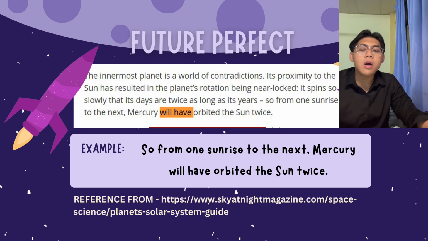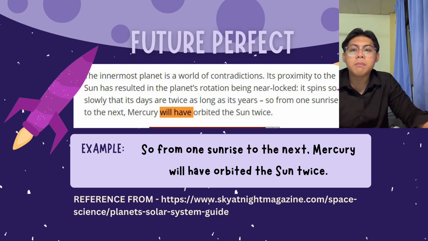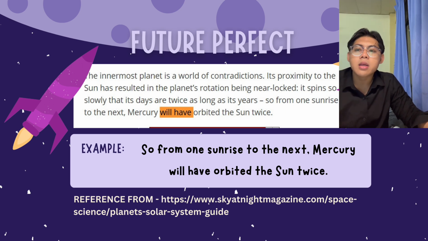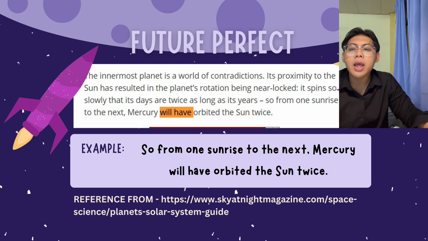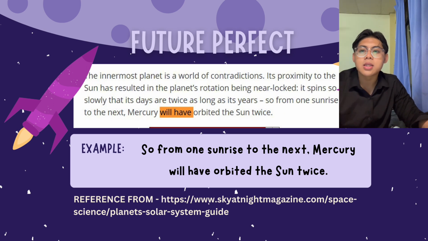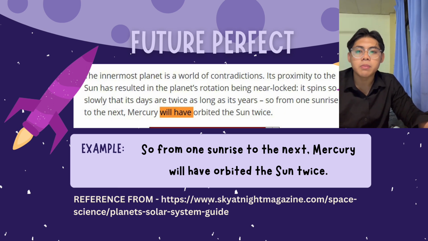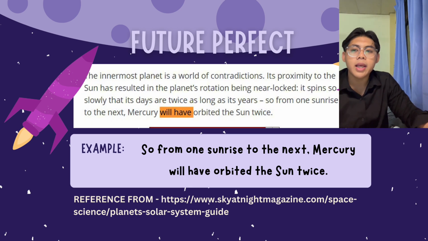Let us look into the example in the article. So from when one sign rise to the next, Mercury will have orbited the sun twice. The word will have is continued by the past participle, which is orbited. So this sentence is obviously a future perfect tense.